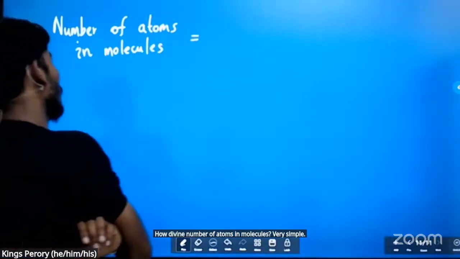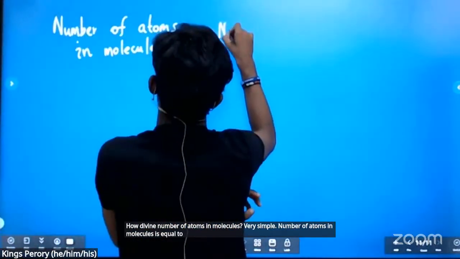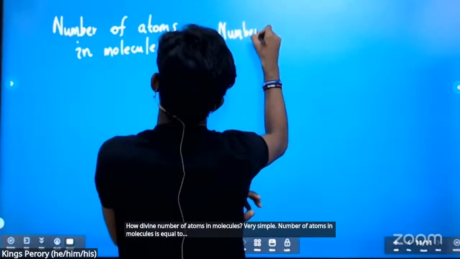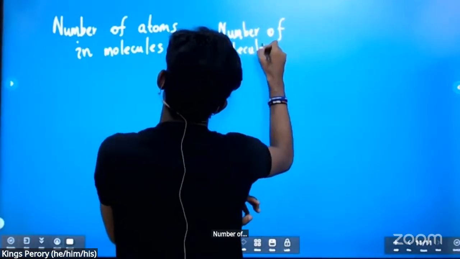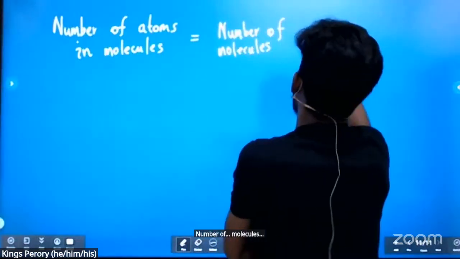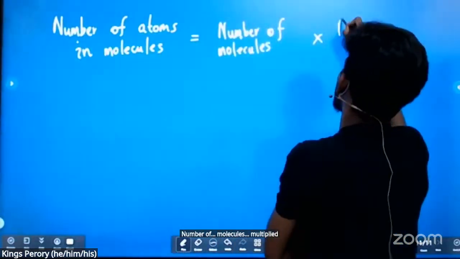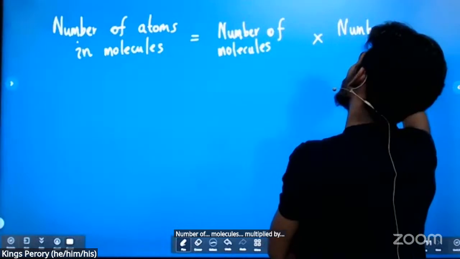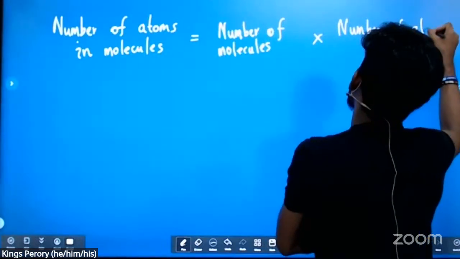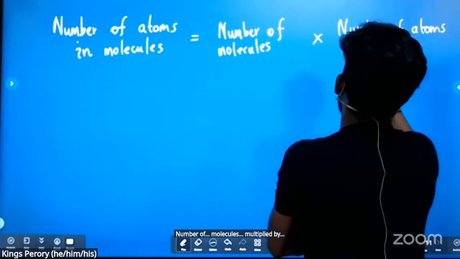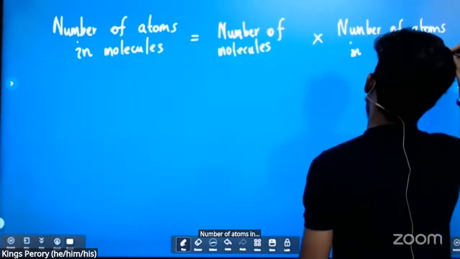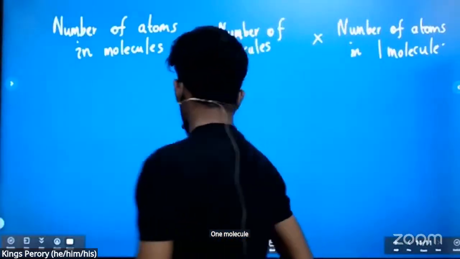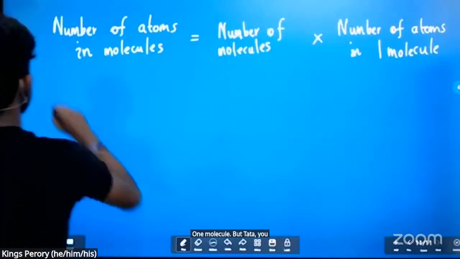Number of atoms in molecules is equal to number of molecules multiplied by number of atoms in one molecule.